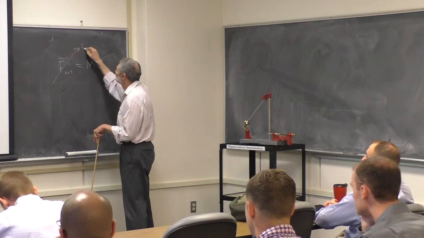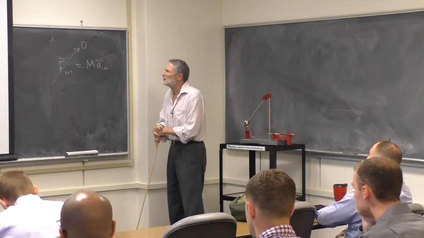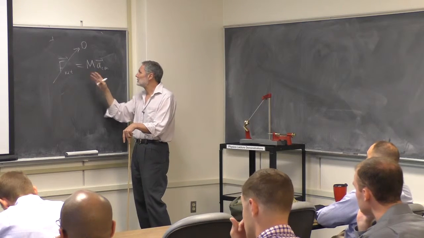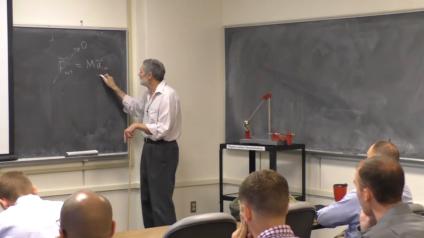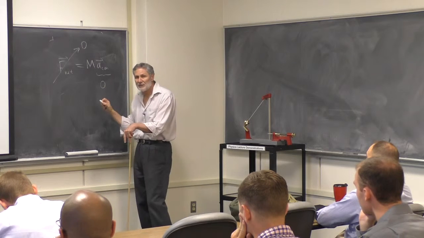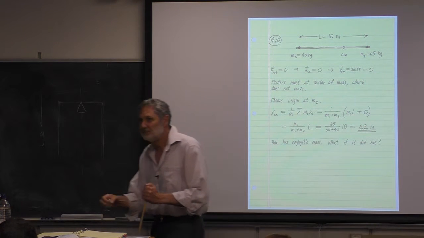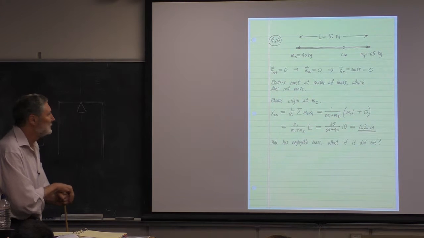But we've got zero net force. So that means the acceleration of the center of mass has to be zero, which means the velocity of the center of mass has to be a constant. What's the initial velocity of the center of mass? Initially, everything's at rest. So the velocity of the center of mass can't move. The center of mass can't move.